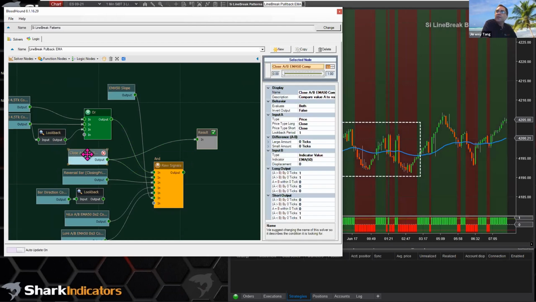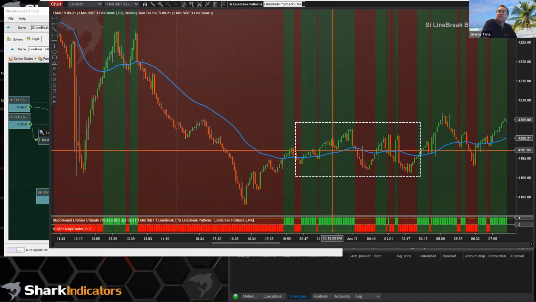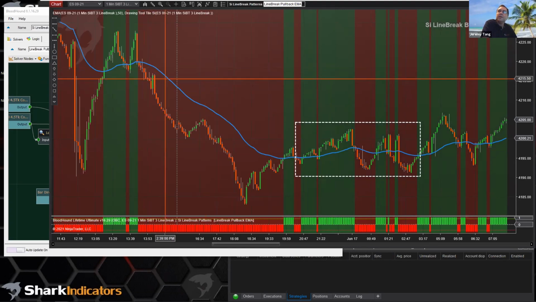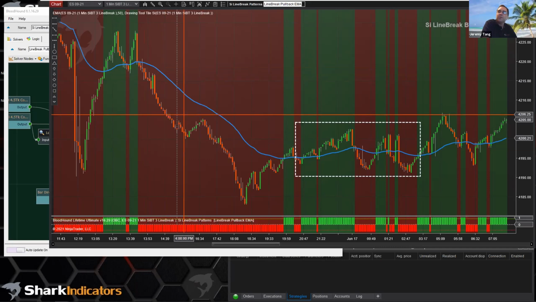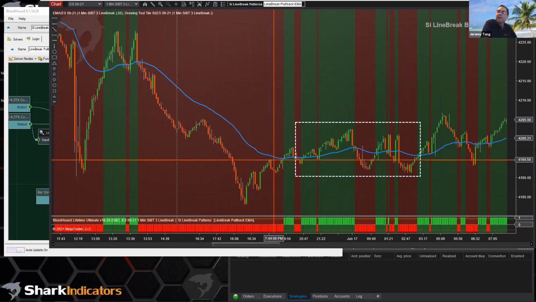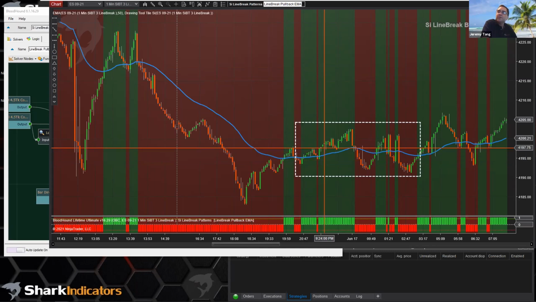This node is comparing the close of the bar to the EMA 50. And it's doing a simple type of comparison, right? Is the close of the bar below the EMA? So we can see on this short run here, all the closing prices are below. And then if the close is above our EMA, we're getting a long.